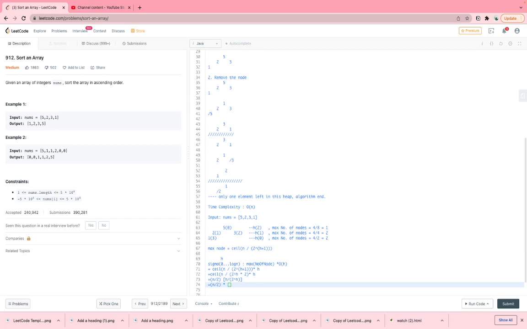So this part is going to be 0 by 1, right? When h equals 0, and h equals 1 is going to be 1 by 2, and when h equals 2 it's going to be 2 by 4, right?